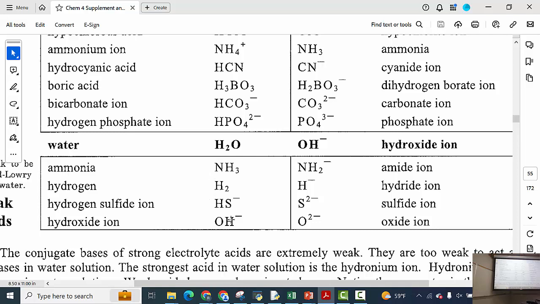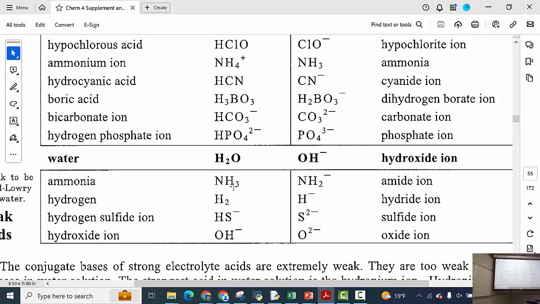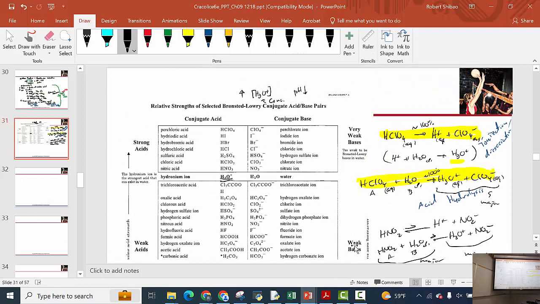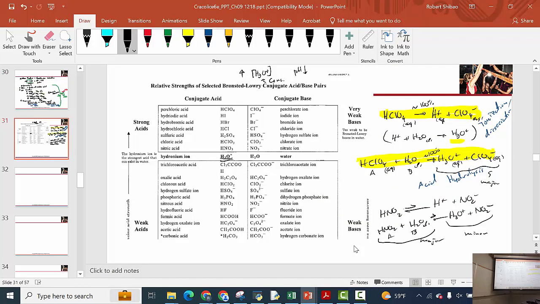So basically these really struggle to act as an acid. In fact, if you look at the climb here, if we take a look at the worst acid here, hydroxide, and we look at the acid hydrolysis of hydroxide plus water.